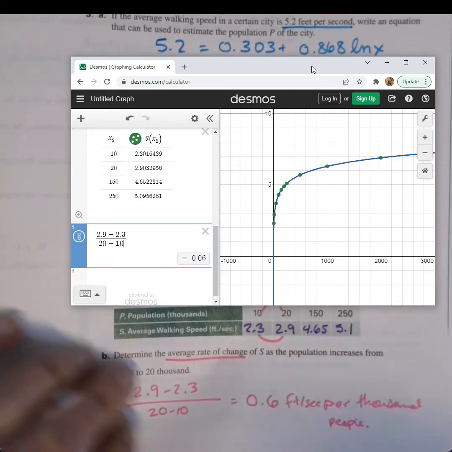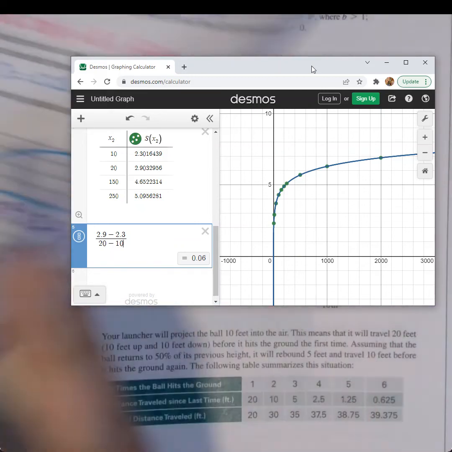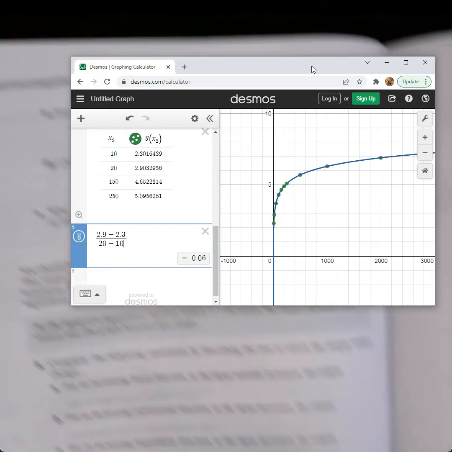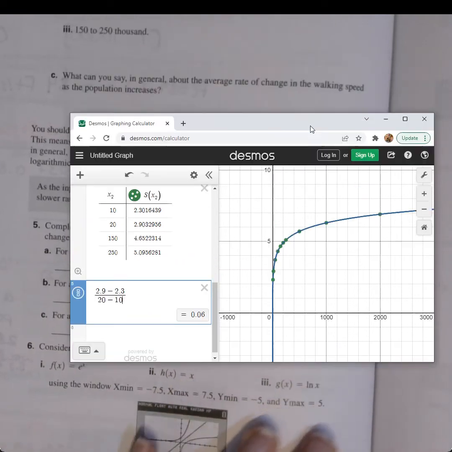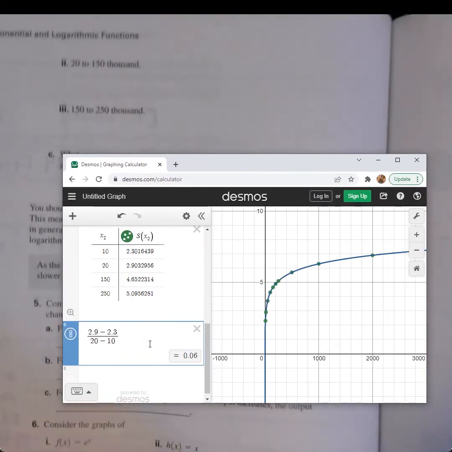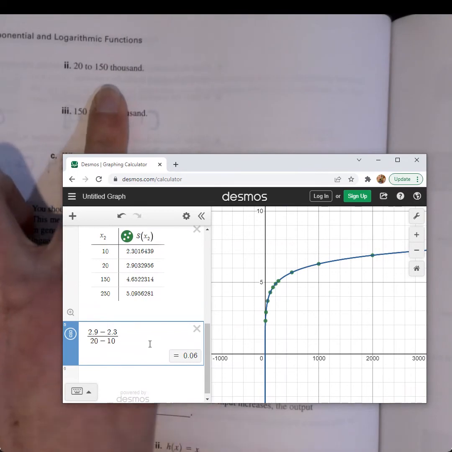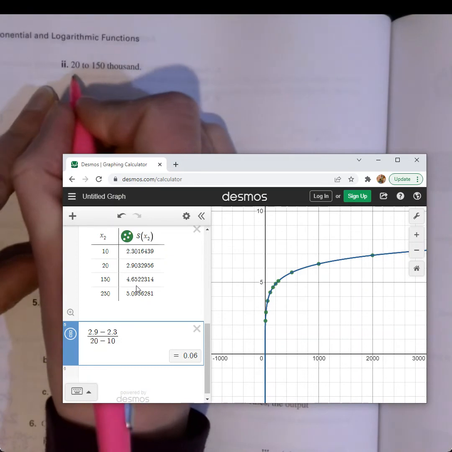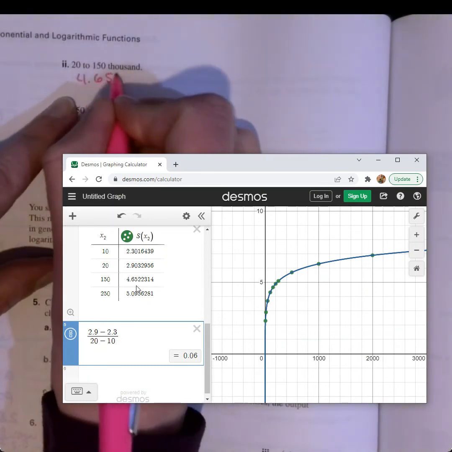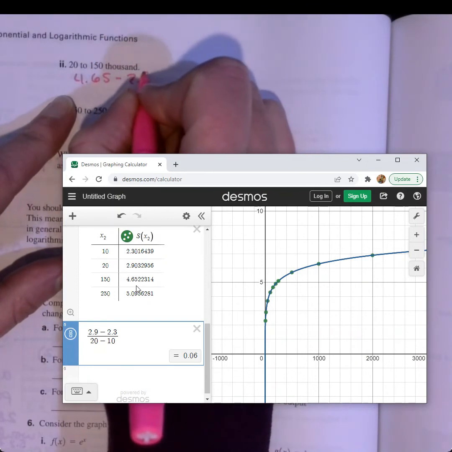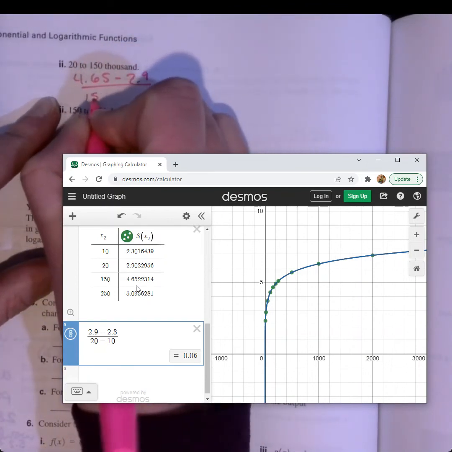Now that's going to change if I look at it between another set of ordered pairs. Okay, so now we're going to compute it again between 20,000 to 150,000. So at 150,000, there was 4.65 as the walking speed, and at 20,000 it was 2.9, over 150 minus 20.